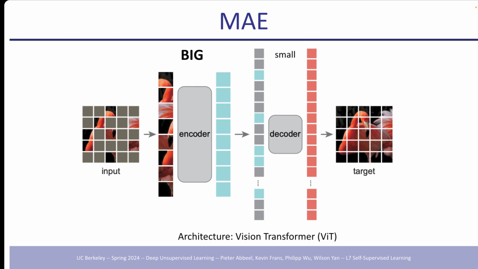A bunch of regions are masked out. Then an encoder encodes the non-masked out regions, patches, and then from that you get an embedding. And then a decoder puts blanks for the missing pieces, and then starts decoding onto, hopefully, back to the original image.